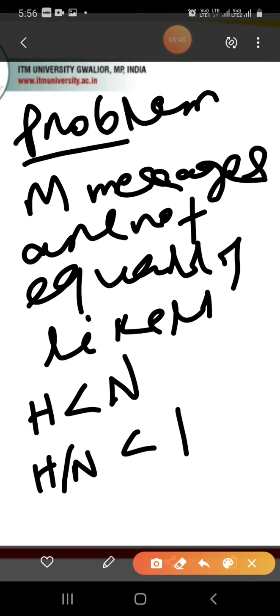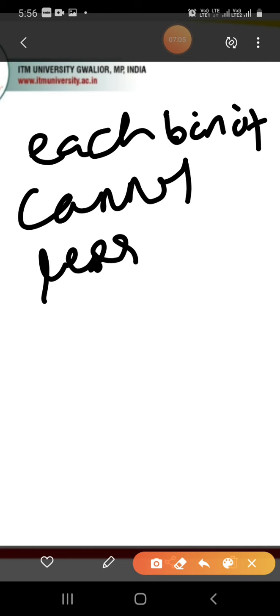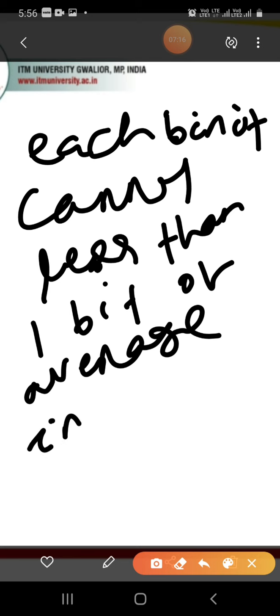That means as H by n is less than 1, each bit carries less than 1 bit of average information. Okay, clear?